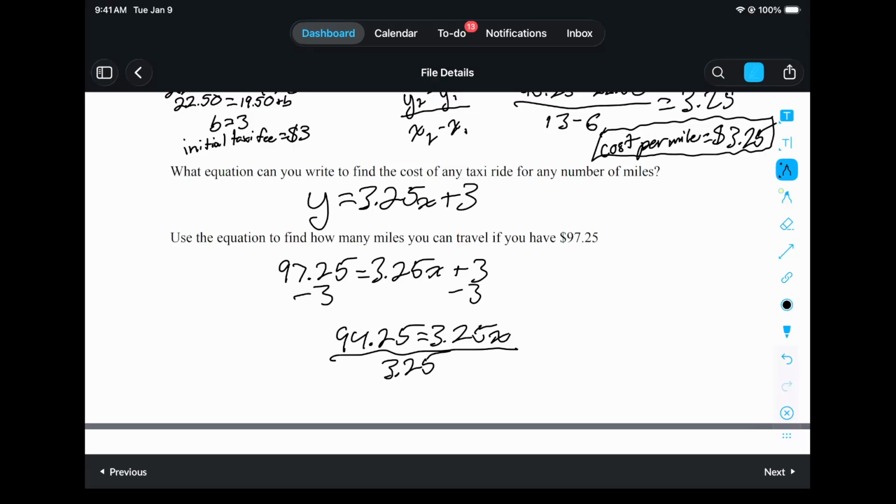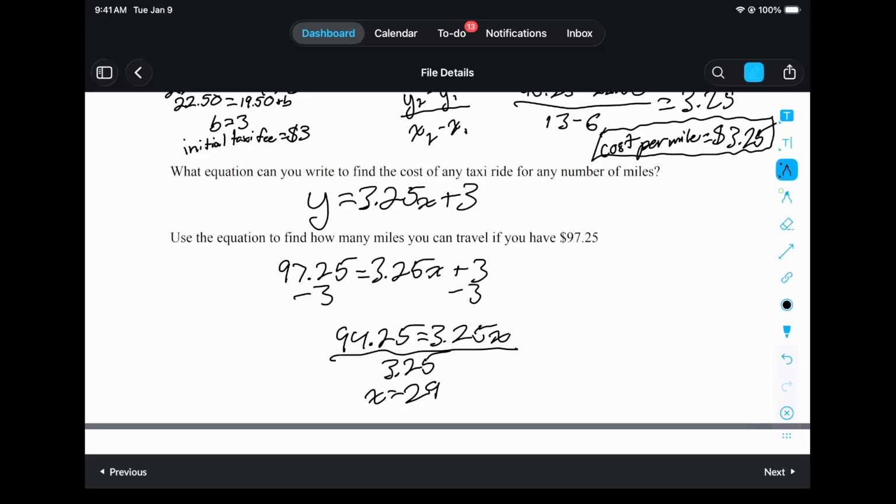Divided by 3.25 should give us x, which is... Why am I using the calculator? I have the answer in front of me. But I just use the calculator anyway. It's 29. Hooray!